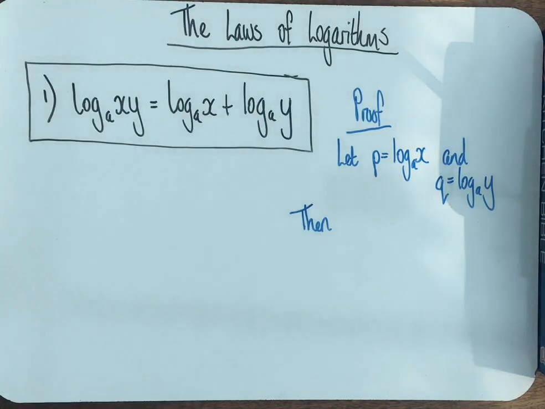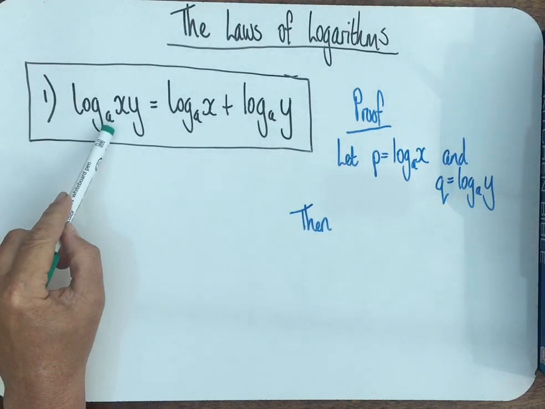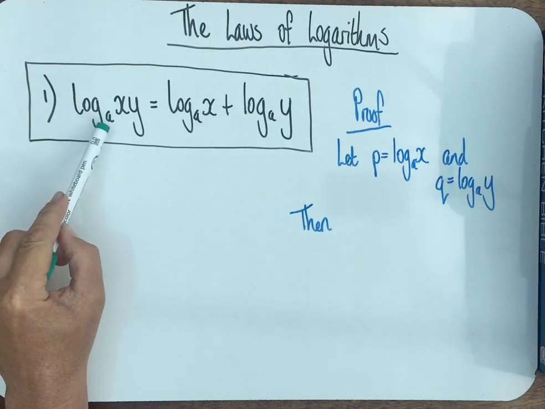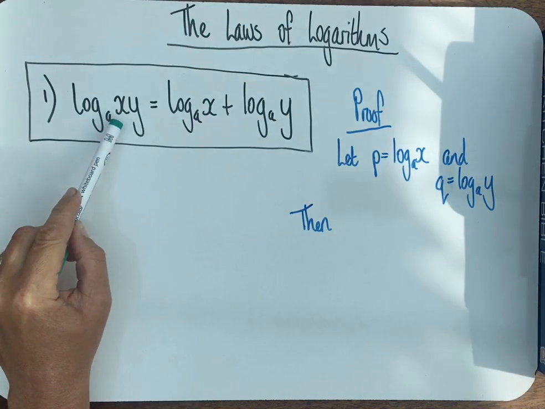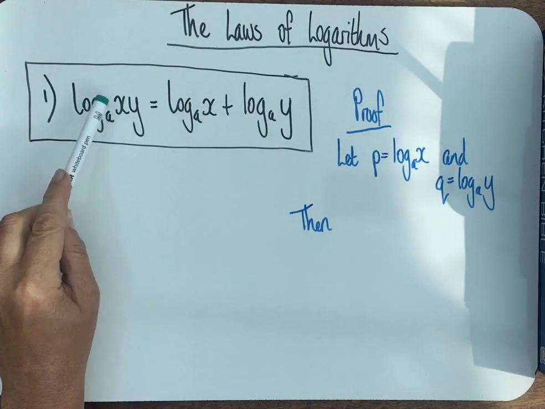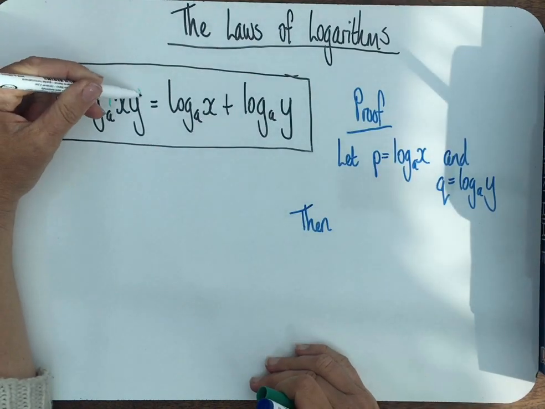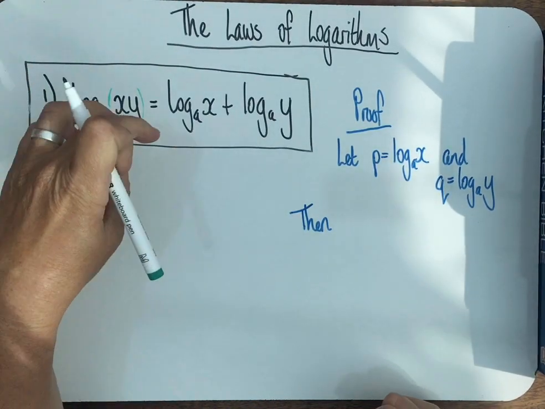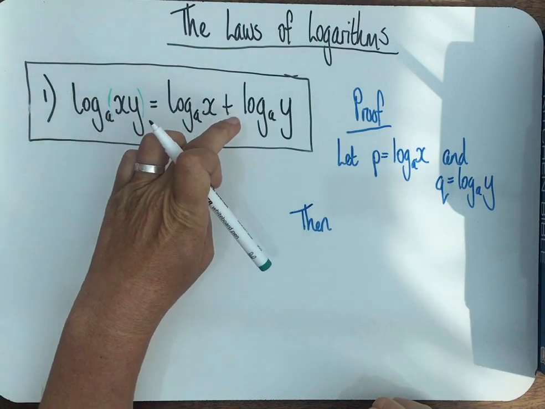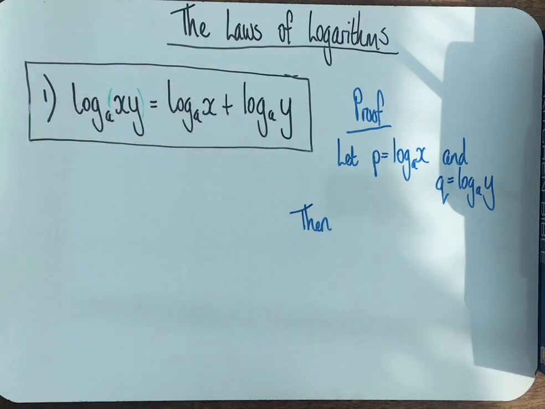So, first rule is that log to the base a. This means the base can be anything. Remember, that's the base of your power of xy. So you could sort of imagine, I wouldn't actually write it in, but you could imagine there's brackets around there. Is log base a of x plus log base a of y.